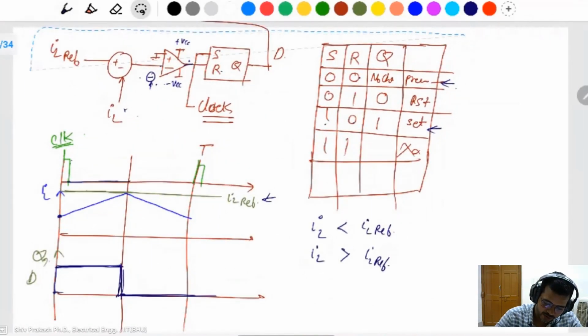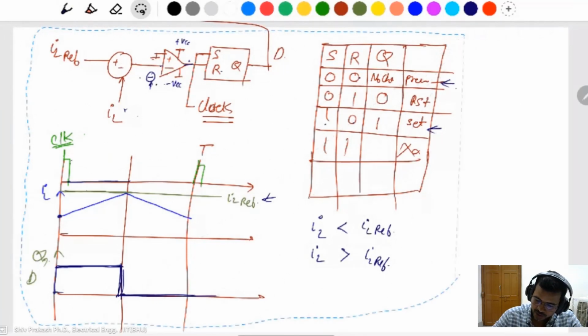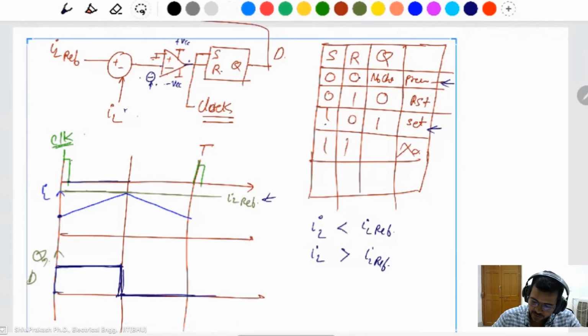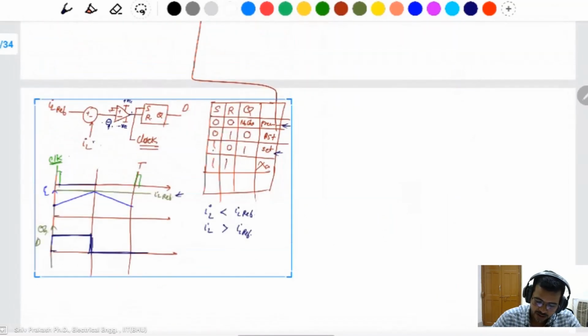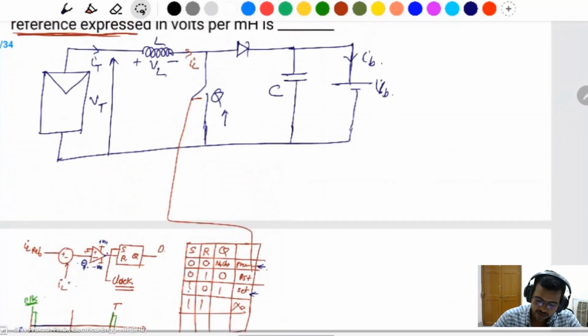To protect this, we use the slope compensation, the current slope compensation method.